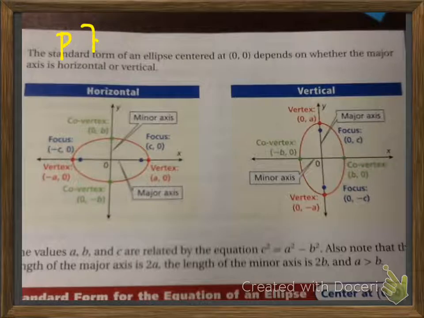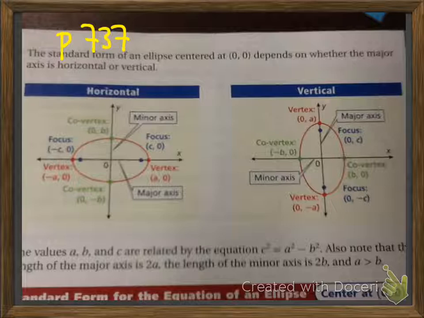On page 737, you see the different types of ellipses. There's a horizontal one where the major axis goes along the x-axis, and a vertical one where the major axis goes vertically. They like to differentiate between vertices and co-vertices. I'm not sure I'll differentiate those very much by the time I get to the test.